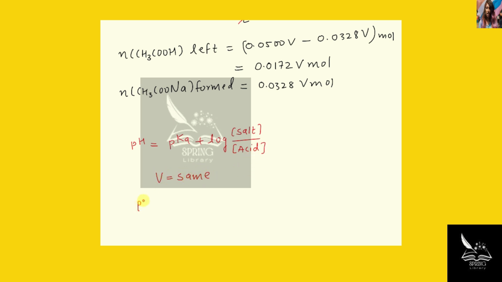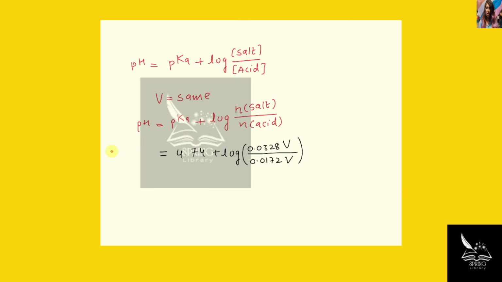Therefore, we can say the pH will be equal to pKa plus log moles of salt over moles of acid. We can substitute the values here in this manner. From here we can eliminate this V, and on solving we are getting the pH of solution equals to 5.02. This is the answer.